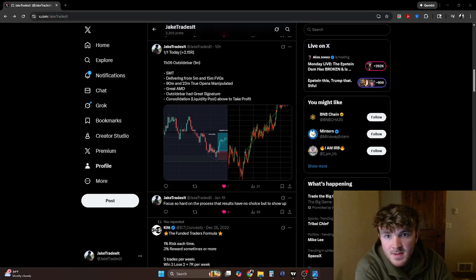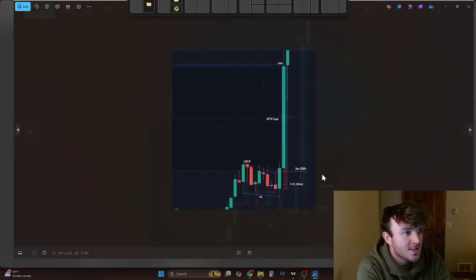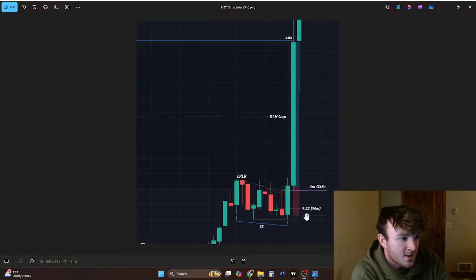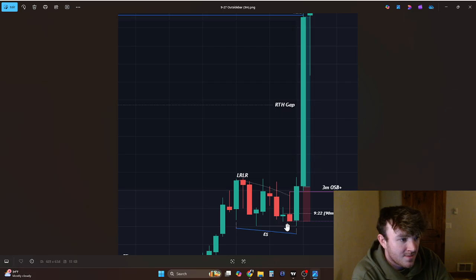And then here's the way you could take it on a 3-minute, same thing. Also an outside bar, just on 3-minute with the same thing. We have a candle prior, and then the next candle after takes both the low and the high of the previous candle.